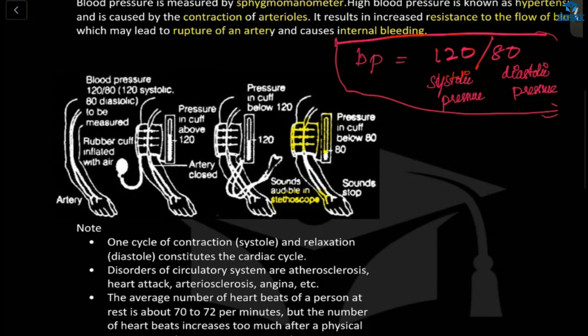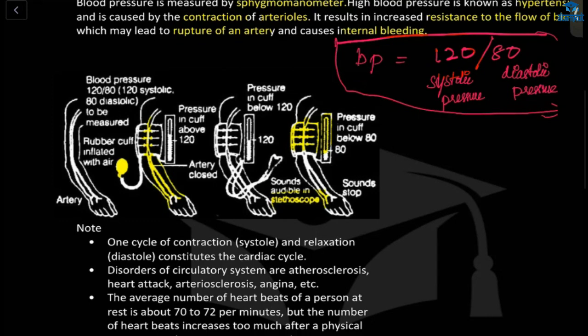So this device will detect how much, when measuring, when the arteries are closed and there is pressure, the blood will not flow through the artery. It will make some kind of noise, and the doctor can hear through this hearing device.